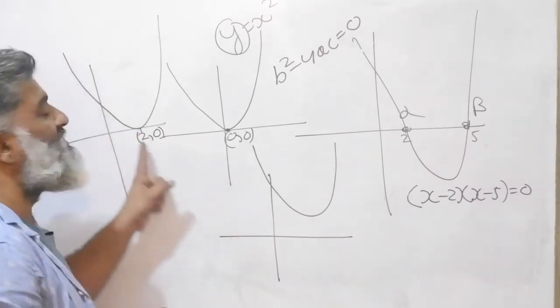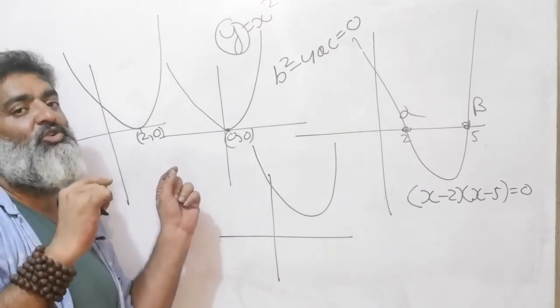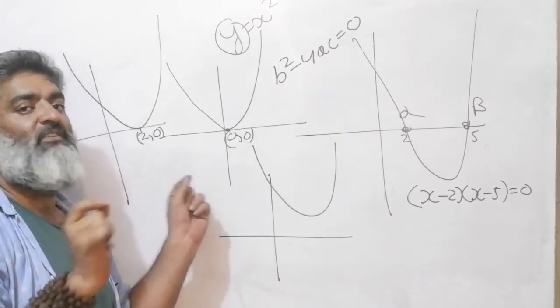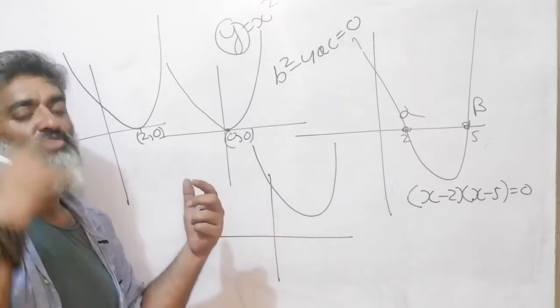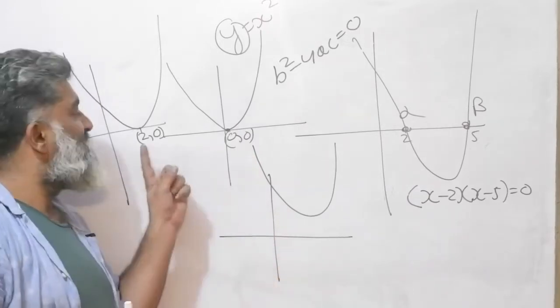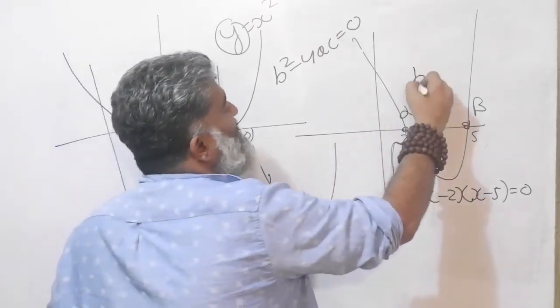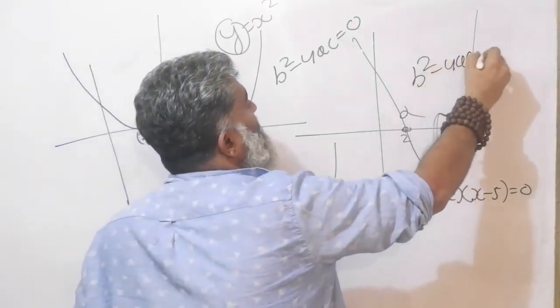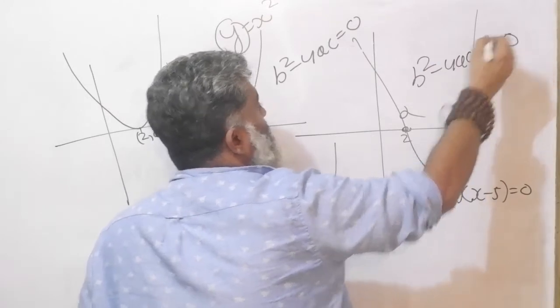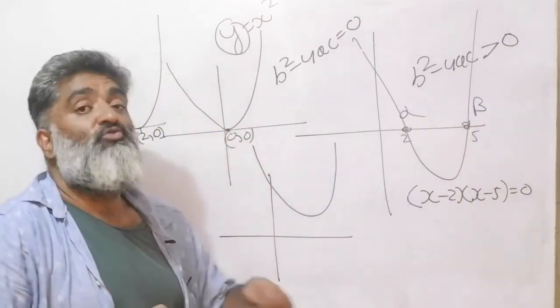That means the graph is becoming 0 at only one unique point, which is the same point, because I know there are two roots theoretically. So I'm calling it two roots, but there is only a single root. When the determinant is positive, b square minus 4ac is greater than 0, the roots are real.